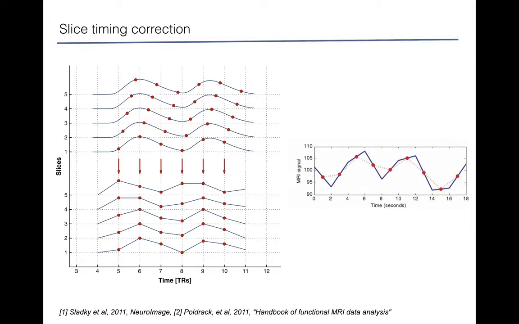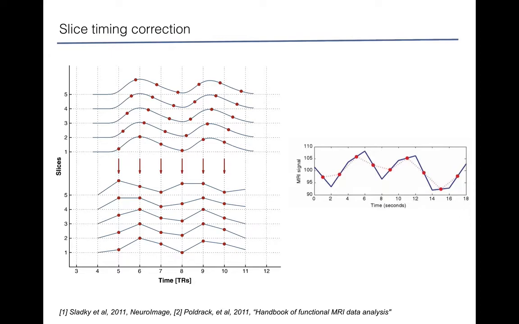One thing to point out, however, is that we are actually getting better in terms of data acquisition, and the TRs are decreasing, the time difference between the acquisition of the very first slice and the very last slice is reducing.